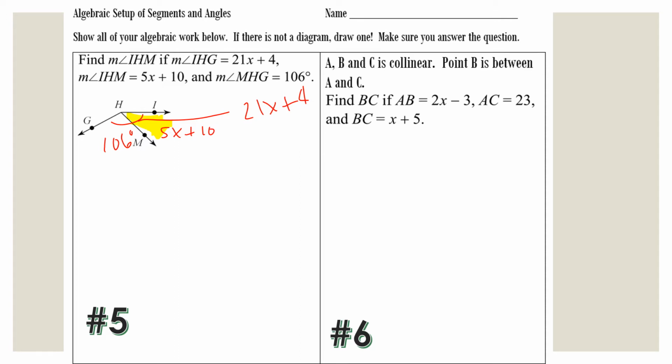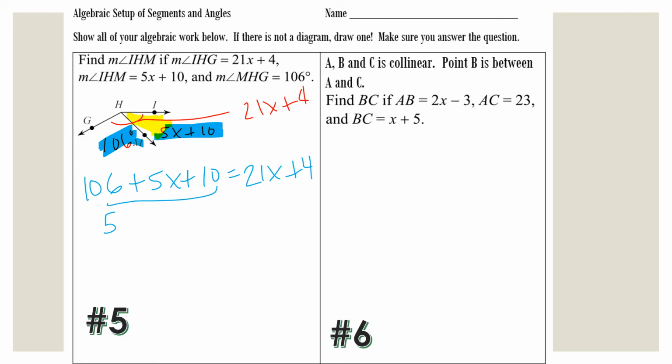So we can take our two angle measures for the pieces. 106 plus 5x plus 10, we know those two added together equal the whole thing of 21x plus 4. So then we need to combine like terms.